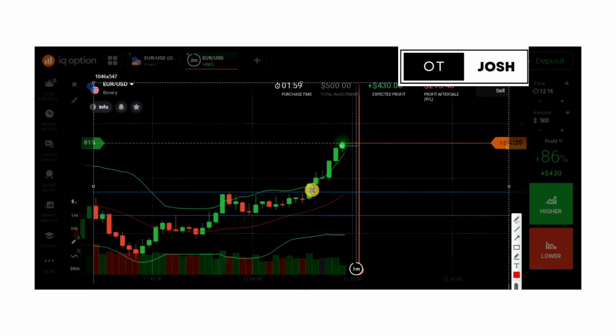Now the breakout happened. When the breakout happened, we saw this wick here showing selling pressure, and this wick here showing buying pressure. We saw another wick showing selling pressure, and here showing selling pressure.